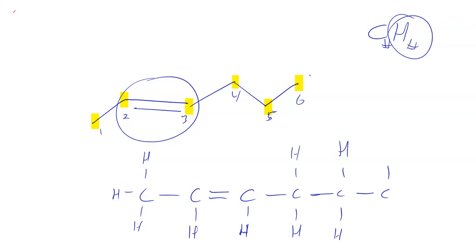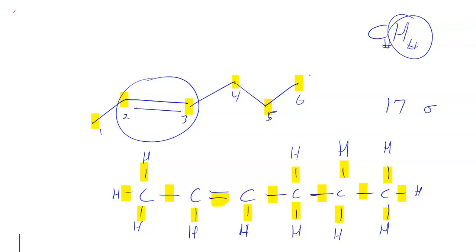And this last one only has 1 stick, so it needs 3 more. Okay, how many sigma pi? 1, 2, 3, 4, 5, 6, 7, 8, 9, 10, 11, 12, 13, 14, 15, 16, 17. Woo! We're going to have 17 sigma bonds and 1 pi.